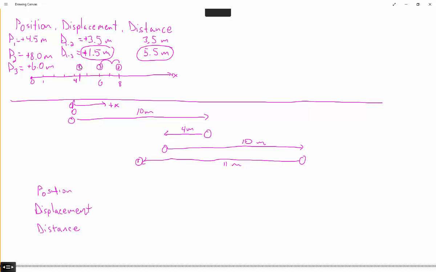I could do all the movements, but what we're going to do is, it went plus 10 minus 4, since we're going against it, plus 10 minus 11. 10 and 10 is 20, minus 15 is 5. So the final position would be positive 5 meters.